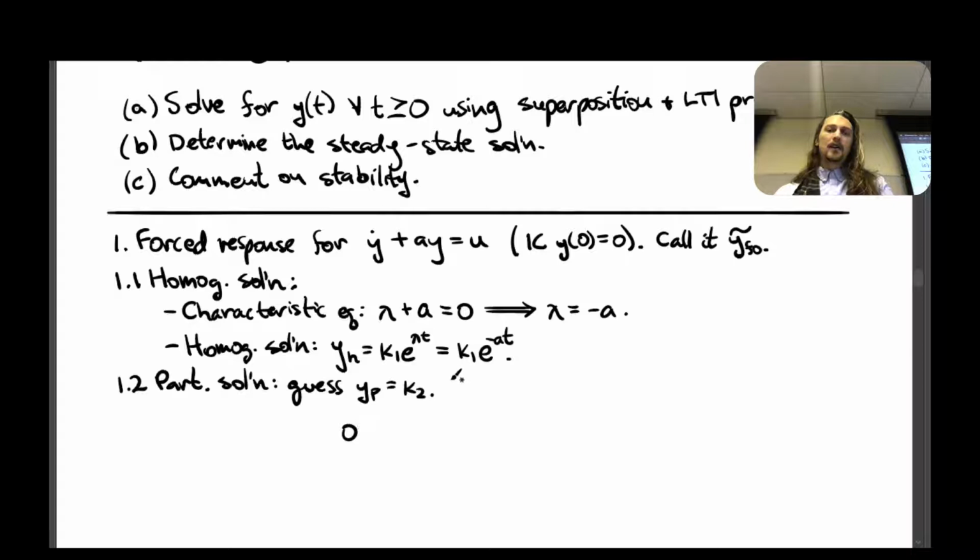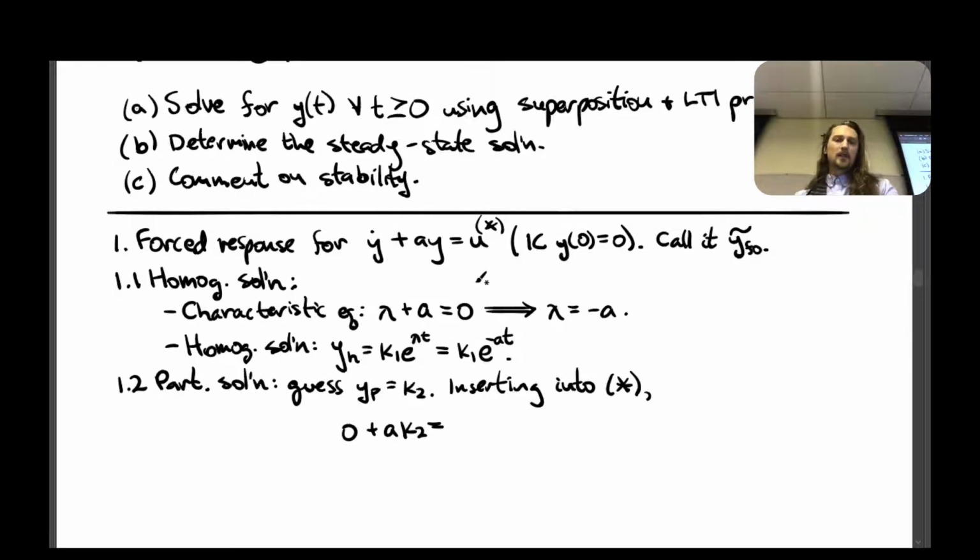So, inserting into, let's call this equation star, we get 0 plus a times k2 equals the input after time equals 0, which is going to be 1.